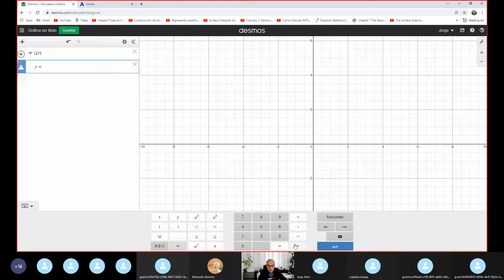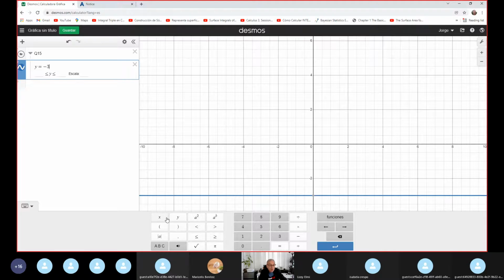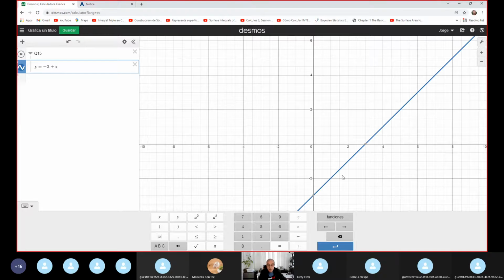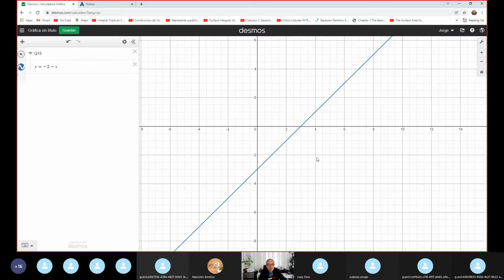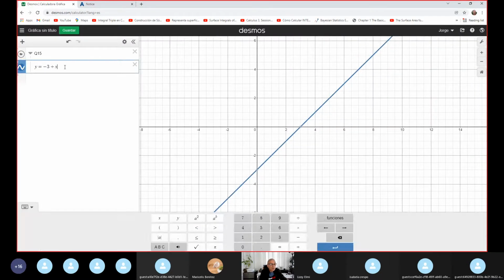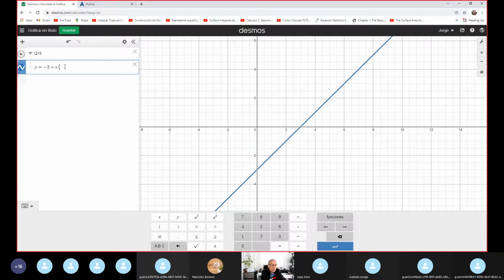minus 3 plus x. And you see the line. It's obvious it's a line. However, I want to put the conditional. How do you put the conditional in Desmos? You open this curly bracket.